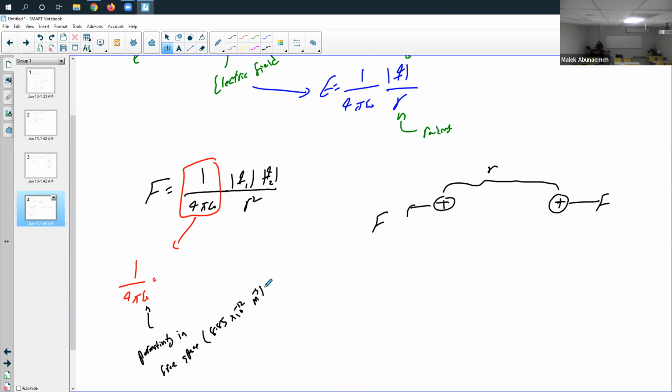And I think the units are m to the -3, kilogram to the -1, seconds to the 4th, amps squared. Regardless, with that constant, having it in 4 pi epsilon naught, that's going to equal your 8.99 times 10 to the 9th power Newton meter squared per Coulomb squared.